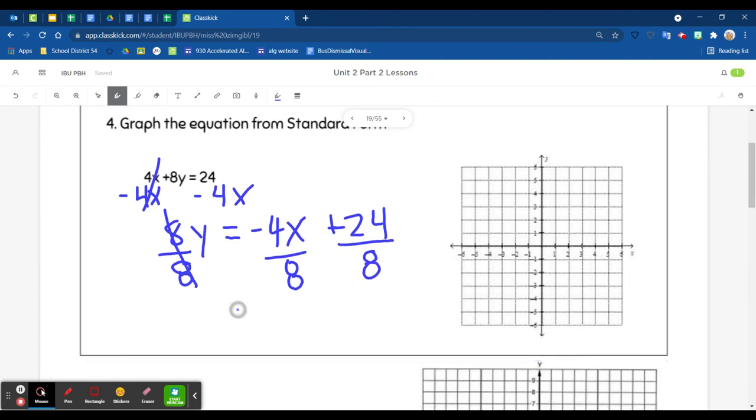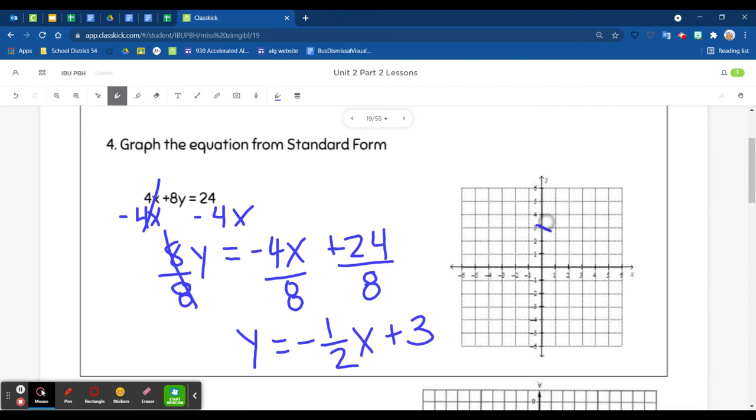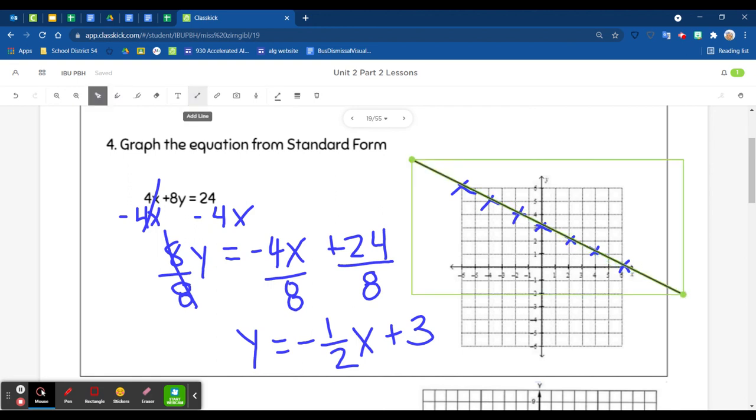And this gives me that y equals negative 1 half x plus 3. So we go up 3 for our y-intercept, down 1 over 2, down 1 over 2, down 1 over 2. Negative slope, right? Or I could go up 1 and backwards 2. And we are going to put our line through all our points. And that's how we graph, by putting it into slope-intercept form.